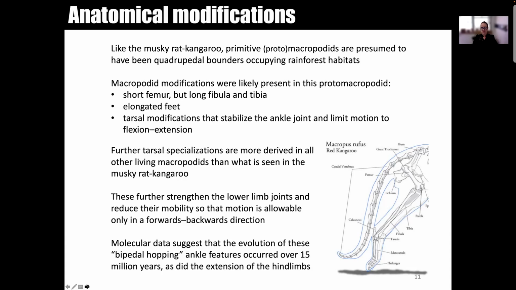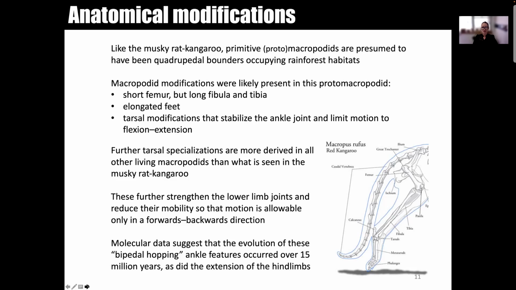Some macropodid modifications were likely present in these ancestors, those being a short femur but a long fibula and tibia with elongated feet, and then tarsal modifications, or ankle bone modifications, to stabilise the ankle joint and limit motion to flexion and extension only.